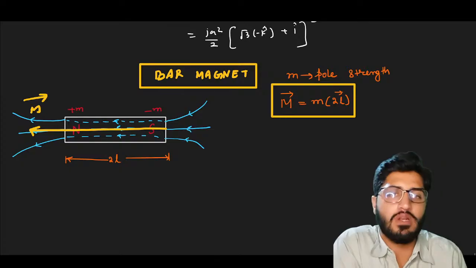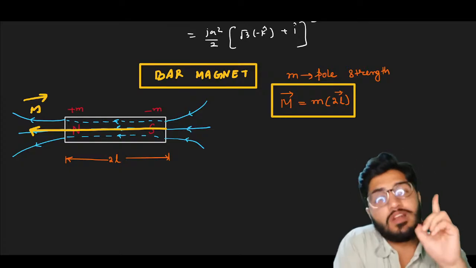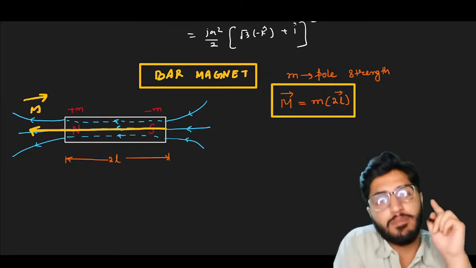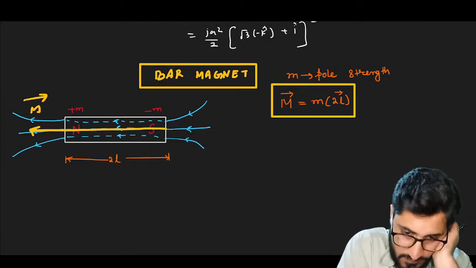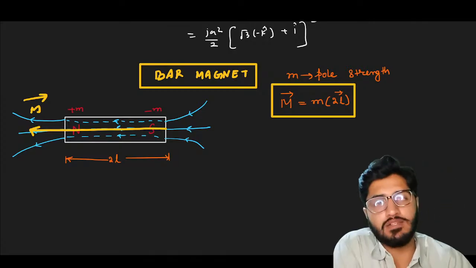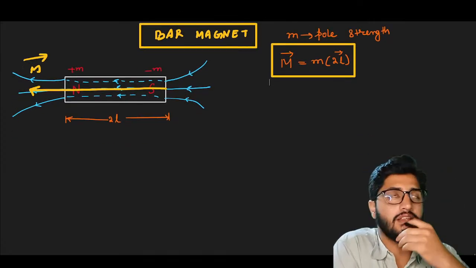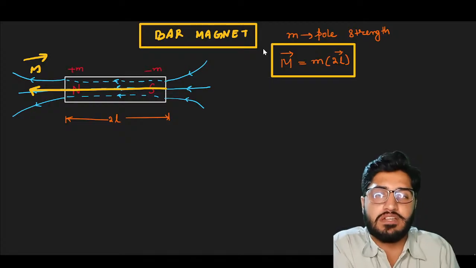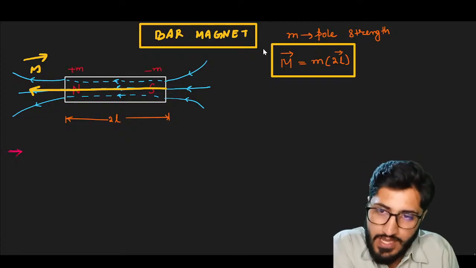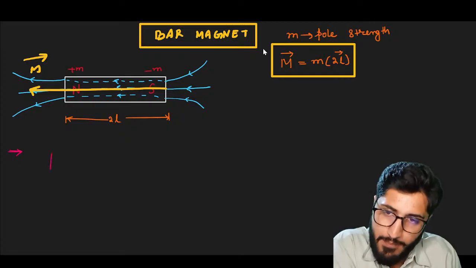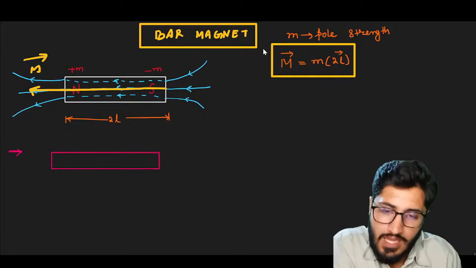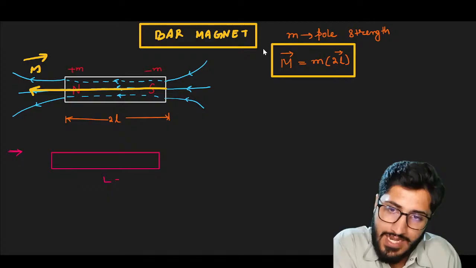So we have formulas. M is NIA, one formula for coils. If we have a bar magnet, it should be M times 2L. You will get numericals on this; they came in previous NEET examinations. If we have a magnet, and its length is L, just remember the length L is given to us.